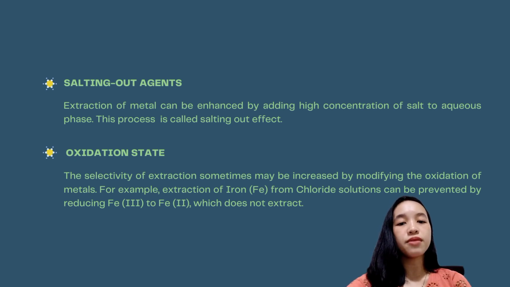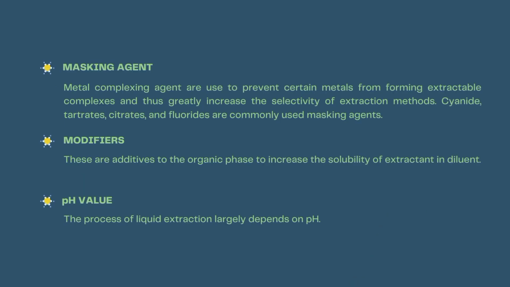Meaning, if we want to have greater efficiency, we must keep iron in the +3 state. It is important in the preparation of the solution for extraction to adjust the proper valence state of the metal ion required for the formation of the complex in order to ensure complete extraction of that element.